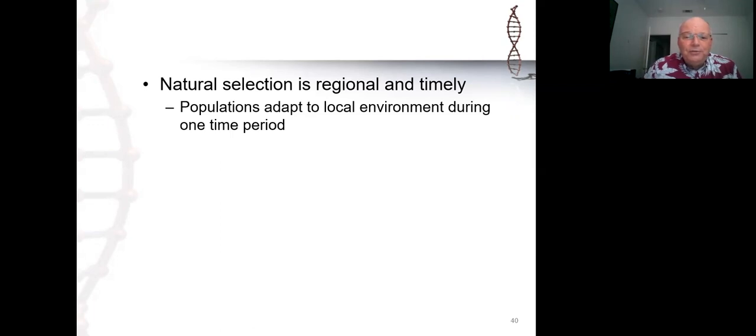So, for instance, if an organism develops a characteristic that at another time or in another location would be very, very important, it's not going to count for anything because it's in the wrong place and it's present at the wrong time. So this is what we mean by regional and timely.